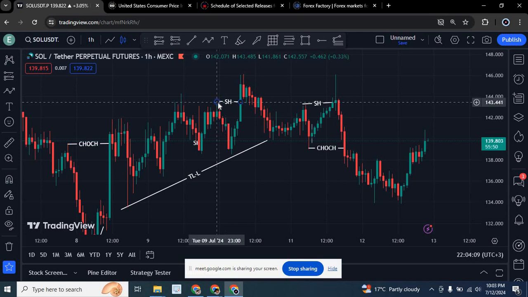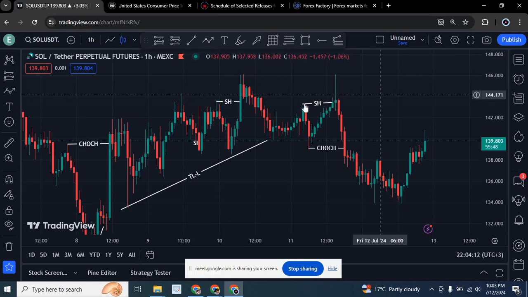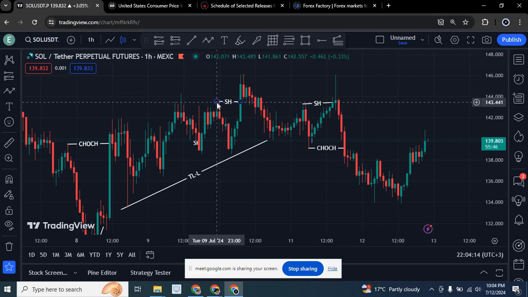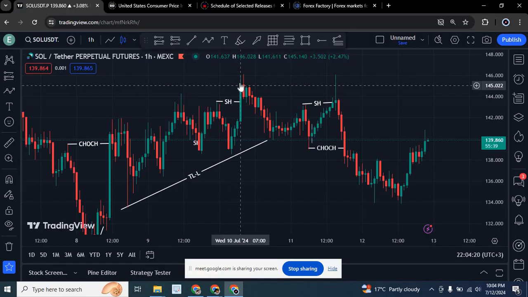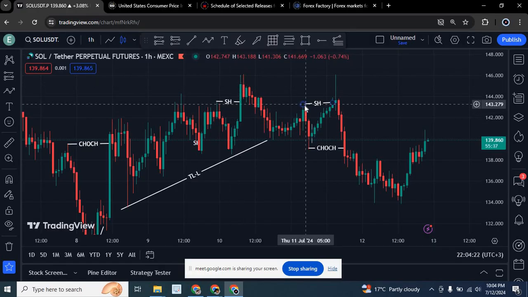Even in this place, I've named it the stop hunt because this was the last swing high. So a lot of liquidity was sitting there because the traders had stop losses at that zone, but the market came and triggered them out. That's the same thing right here. Even if it's small, as long as it was the last swing high, a lot of money will be sitting there because traders will use that zone as their stop loss zone.